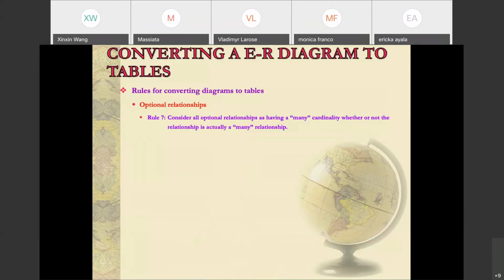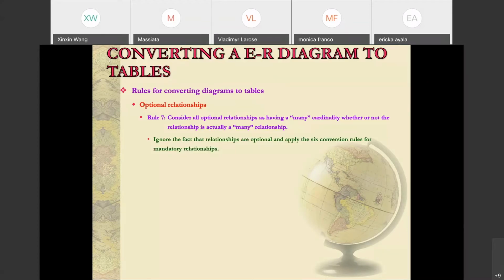So we need to talk about optional relationships, which is rule number 7. We need to consider all optional relationships as having many cardinalities, whether or not the relationship is actually a many relationship. So we treat all optional relationships as many relationships, even if they are not.